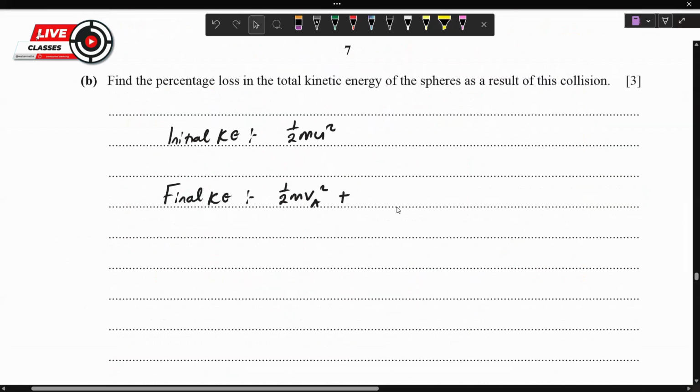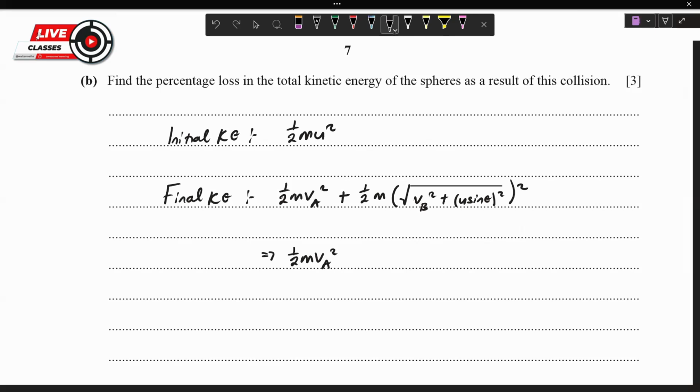So the kinetic energy will be half m and the resultant of VB, so that's the square root of VB squared plus U sine theta squared. That's how we find the kinetic energy of the particle B. So this is essentially half m of VA squared plus half m of VB squared plus U squared sine squared theta, basically.